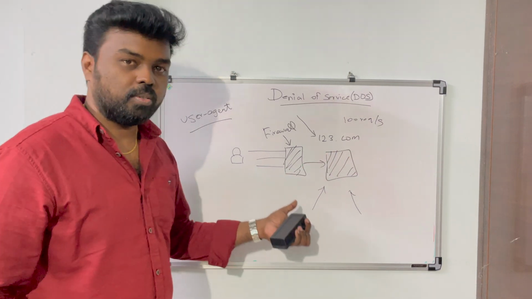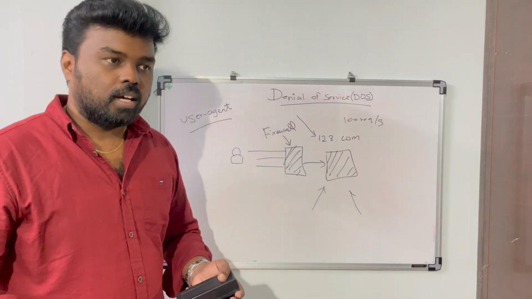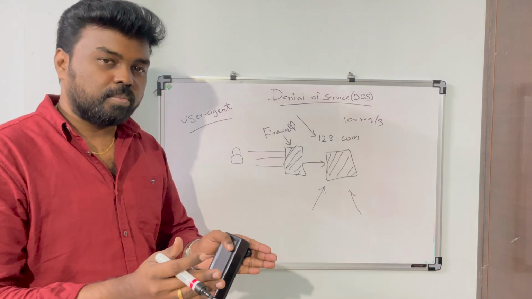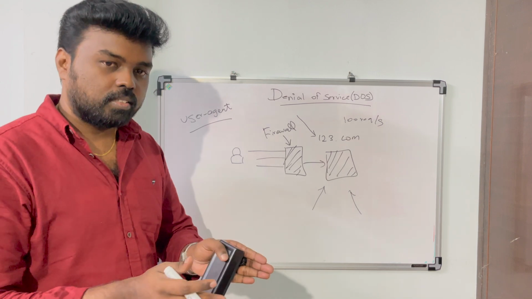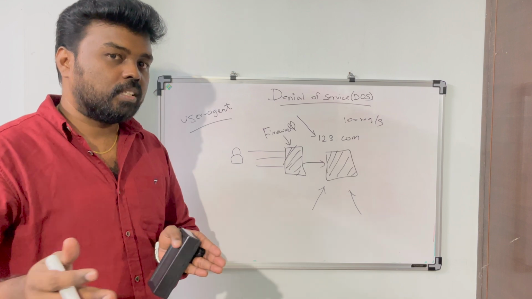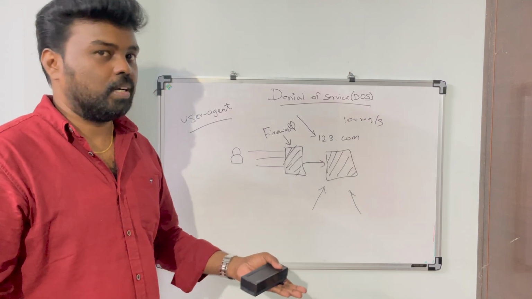But how does the firewall make the decision, right? The firewall will check if the number of requests coming from the same origin, the same IP address, within a certain period of time is more than a certain threshold, then it will decide it is a suspicious, malicious request.